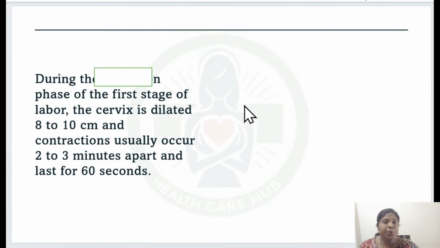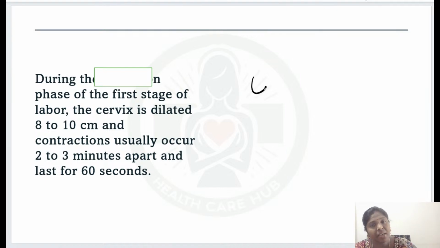Okay. During the dash phase of the first stage of labor, the cervix is dilated to 8 to 10 centimeters and contractions usually occur 2 to 3 minutes apart and last for 60 seconds. So, here I am asking about the phase.